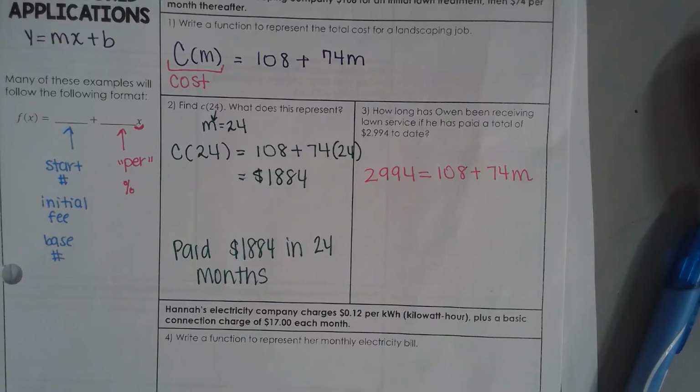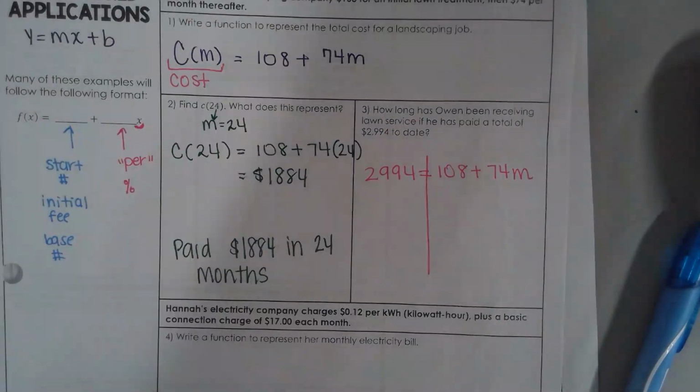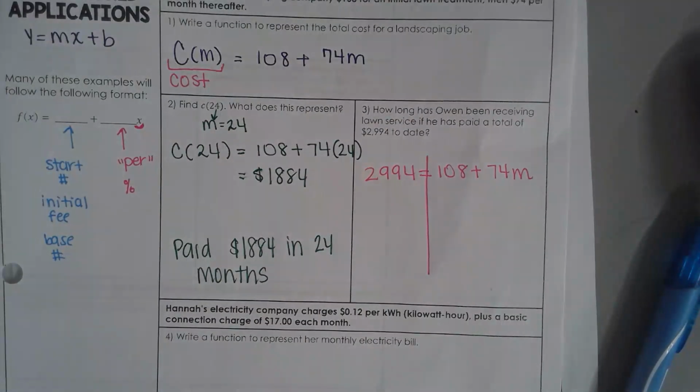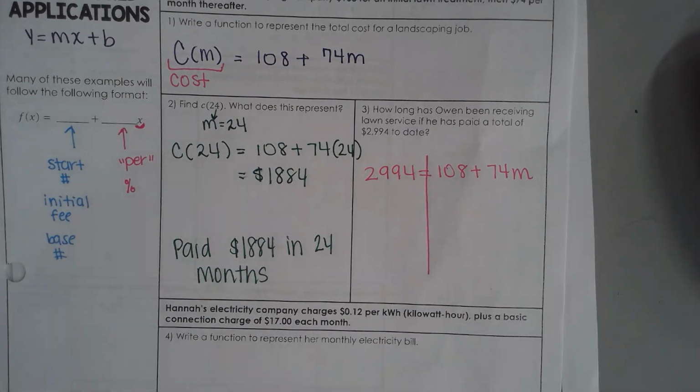So this is one of those where we have to solve the equation. All right. Michael Todd, what step do you think I should do first to solve this equation? Try to get M by itself.